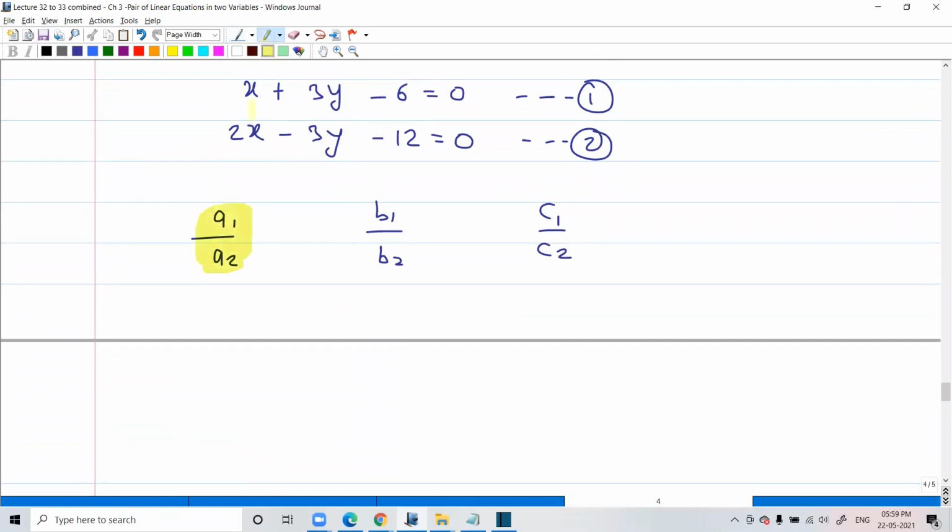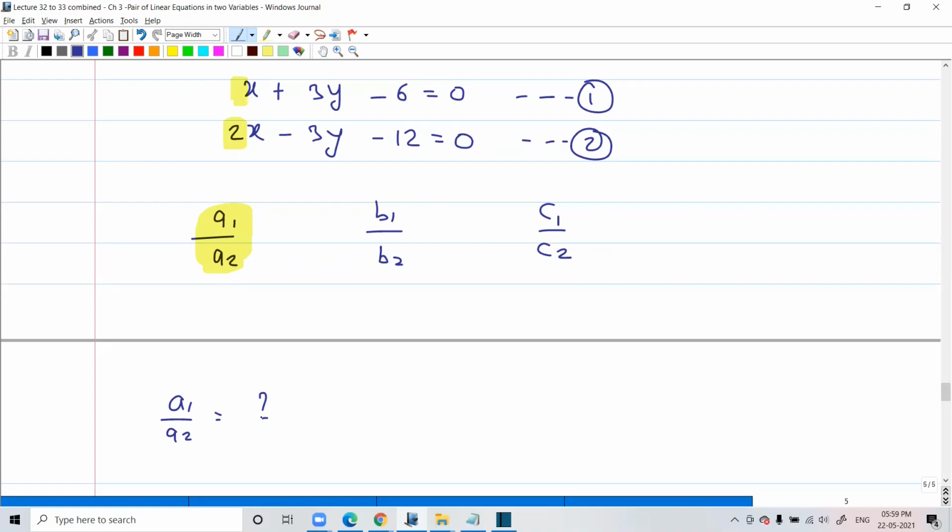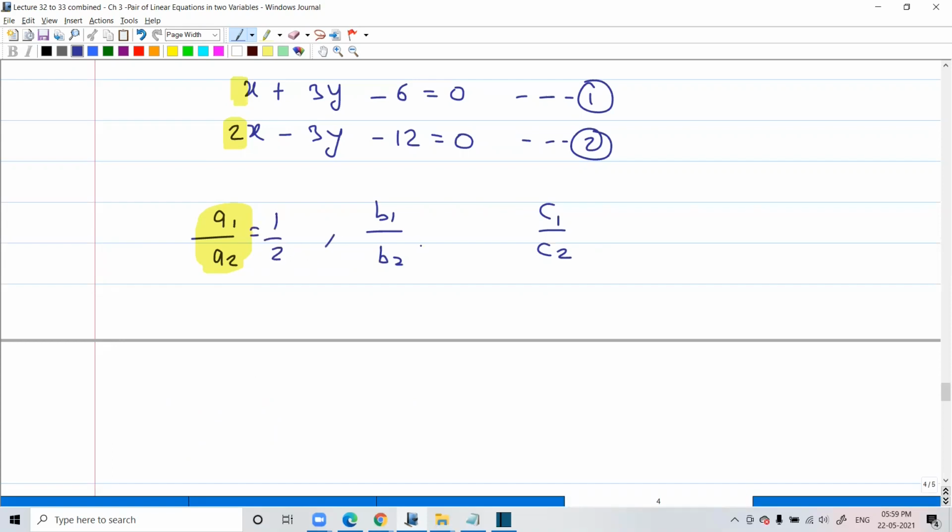So what is a1 by a2, guys? Look at the a1 here and look at the a2. Tell me, what is it? 1 by 2. Yes, everyone can understand that a1 by a2 is 1 by 2. Okay, same way, what is b1 by b2? 3 by minus 3, which when you cancel it, becomes minus 1 basically, right?